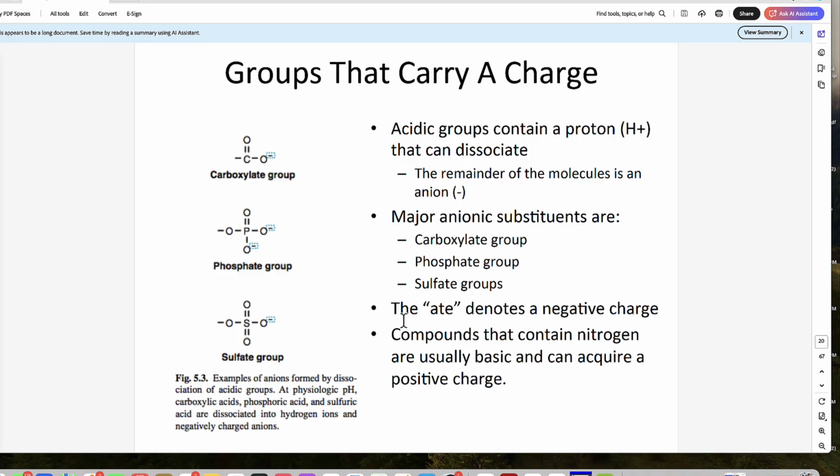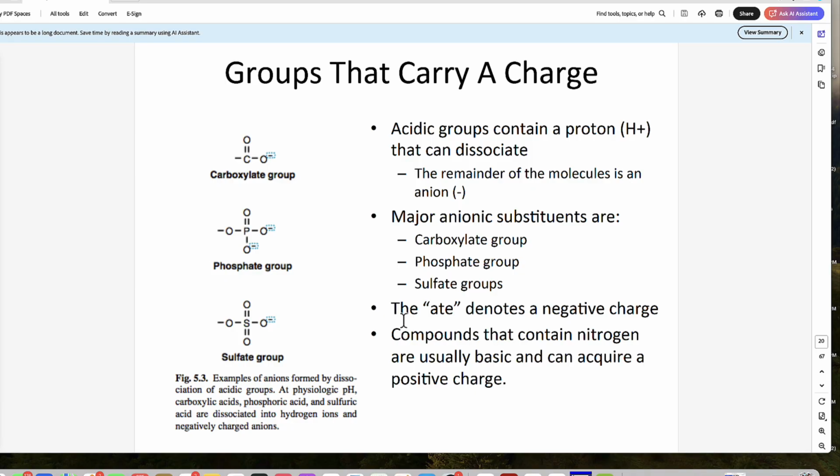All right, so thinking about groups that carry a charge. Acidic groups contain a proton that can dissociate, and it usually will leave the remainder of the molecule, an anion, with a negative charge. Okay? In biomolecules, the major anionic substituents are carboxylate groups, phosphate groups, and or sulfate groups.